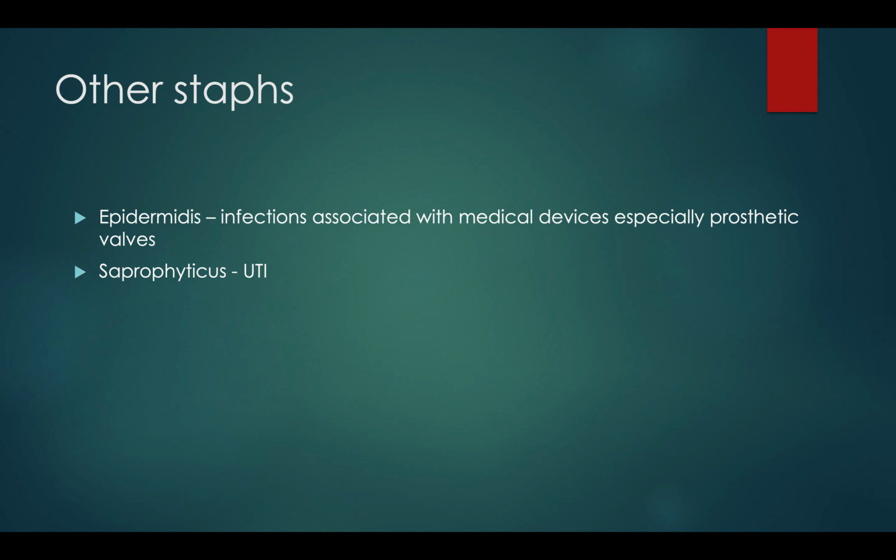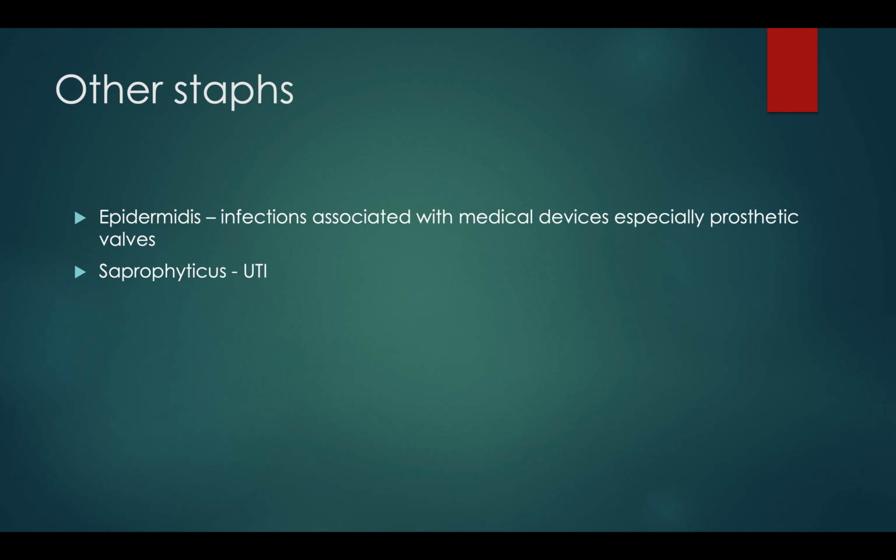Now we have the other staphs. They are not much tested on, but on a rare chance you can get a question on these. Staph epidermidis is associated with infections mostly associated with medical devices like prosthetic valves. They are present on them, and they can cause nosocomial infections.